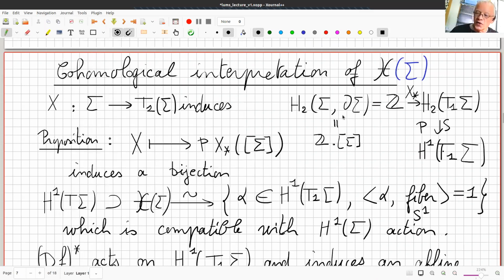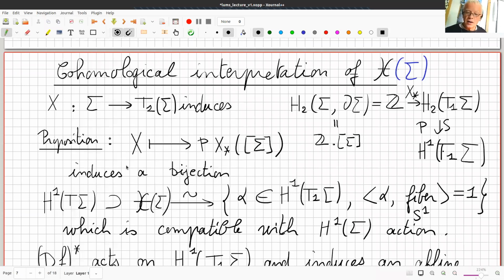When you have an oriented manifold with boundary: if it has no boundary, the top homology is isomorphic to Z, and the orientation gives you the preferred generator. If it has boundary, the top homology vanishes, but the relative homology with respect to the boundary still has a fundamental class and is isomorphic to Z. Okay.